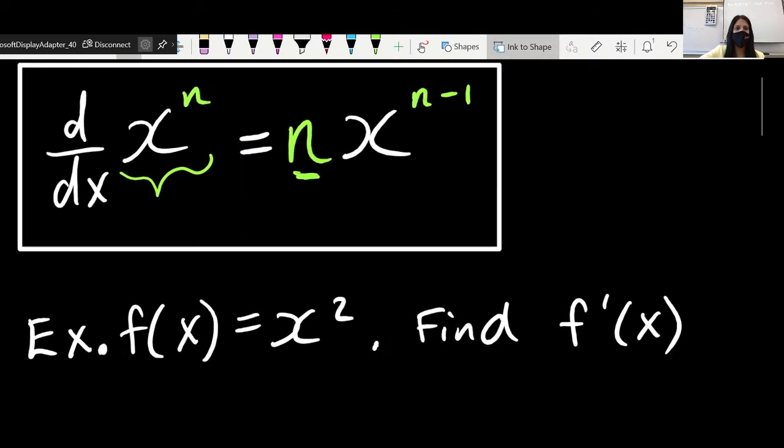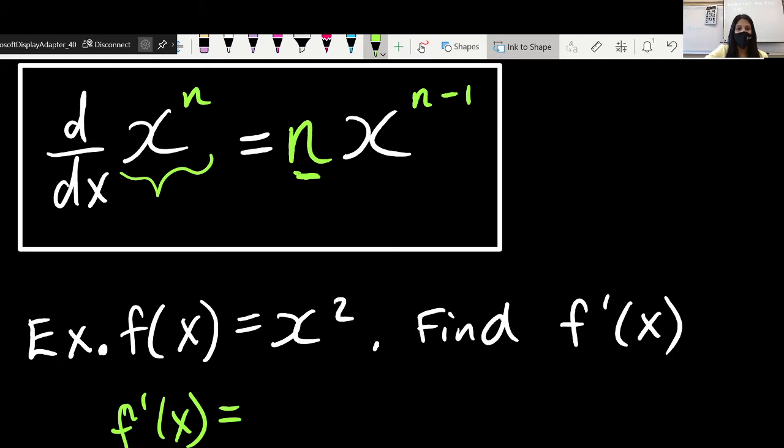For the first one, if we have f of x equals x squared, and we want to find f prime of x, so basically we want to find the derivative, then f prime of x would be equal to me pulling down that 2, so I'd have a 2 here, x, and then it would leave me with 2 minus 1.